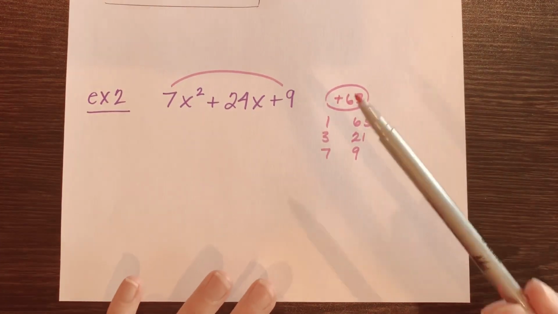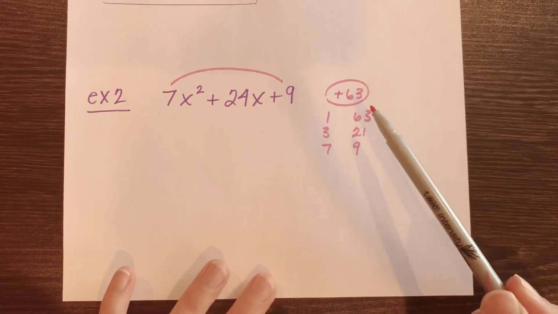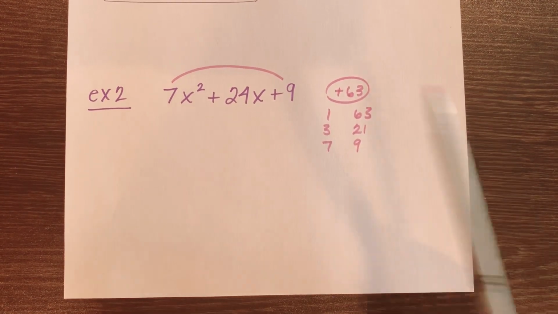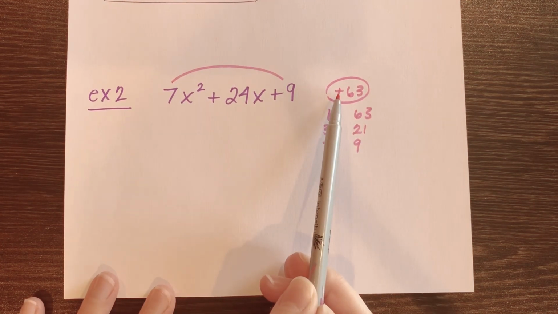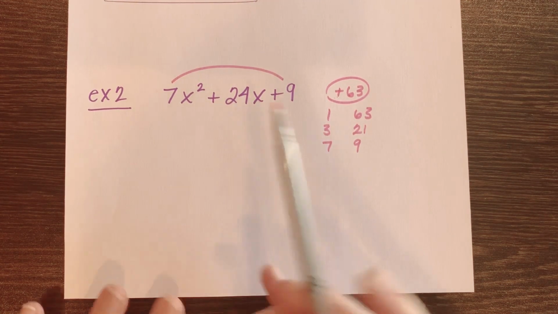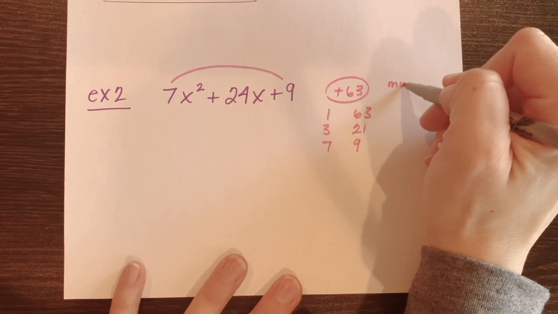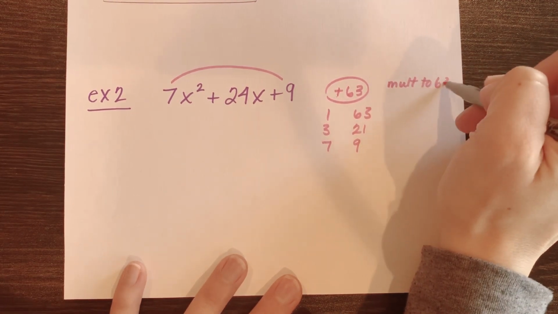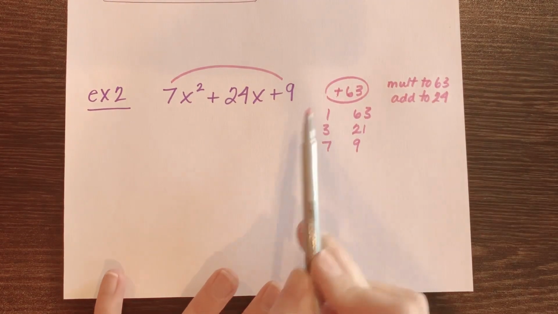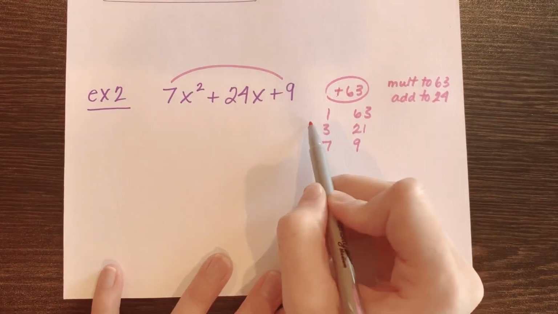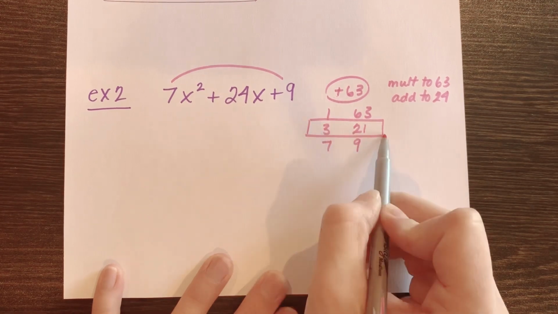So not only am I looking for them to multiply to 63, what else am I looking for? Well, they need to multiply to 63, and because that 63 is positive, they're also going to add to 24. So multiply to 63, add to 24. So I need a pair that adds to 24, and I think I found it with 3 and 21.